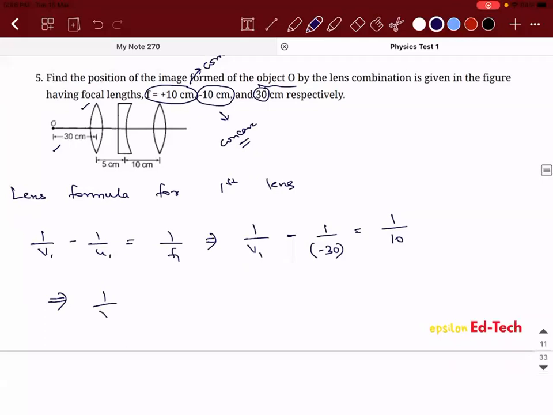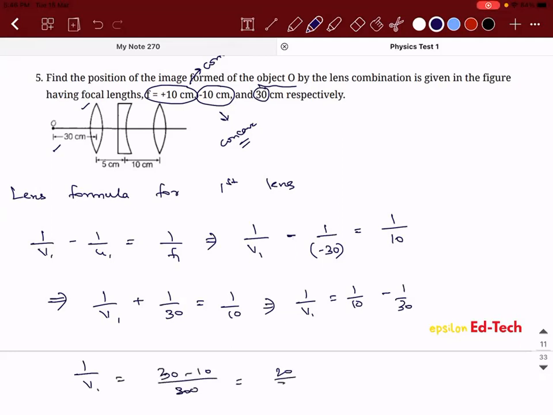Which implies 1 by V1 plus 1 by 30 is equal to 1 by 10. So 1 by V1 is equal to 1 by 10 minus 1 by 30, which is 30 minus 10 divided by 300, that is 20 divided by 300, and V1 will be equal to 15 centimeter.